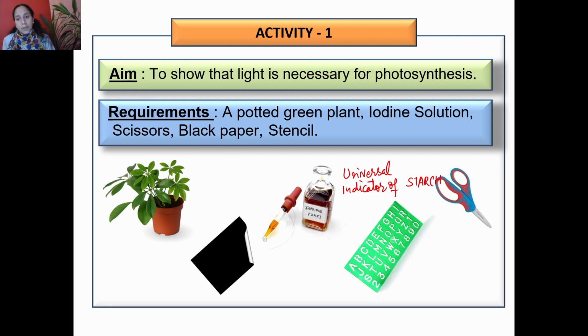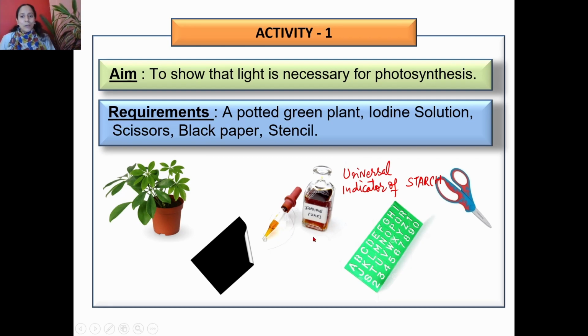Wherever starch is present, if it comes in contact with iodine solution, there will be an immediate reaction, and that part will turn bluish black, which indicates the presence of starch in any plant product. So we are using this iodine. What you have to remember, students, is that iodine solution is a universal indicator of starch.